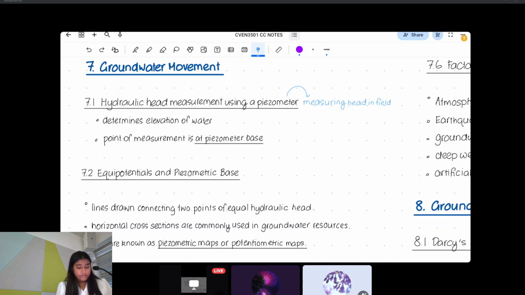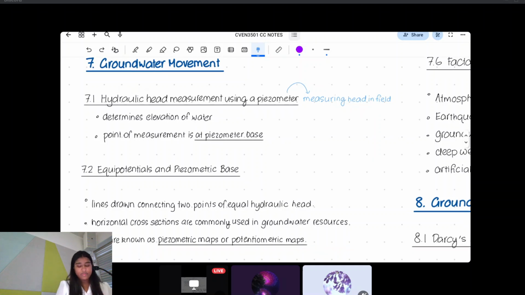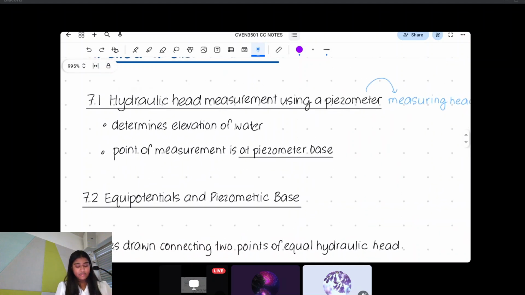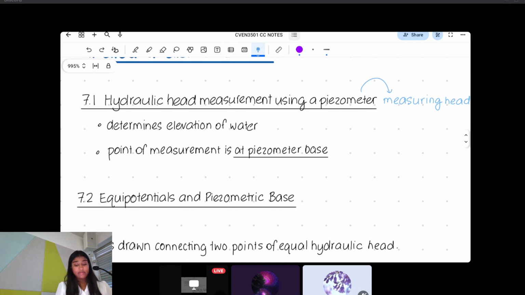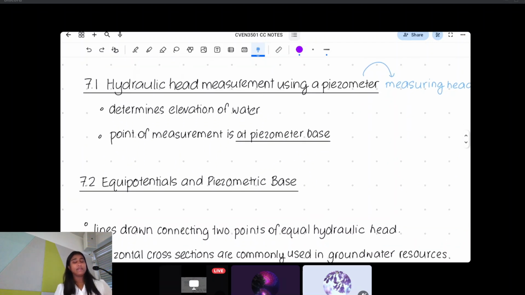A lot of the groundwater movement can be tracked, like I said, using a piezometer, because using the piezometer you'll be able to figure out any changes in hydraulic head or water potential. So the piezometer will be able to determine the elevation of water, and it will do that by taking a measurement at the piezometer base, right?